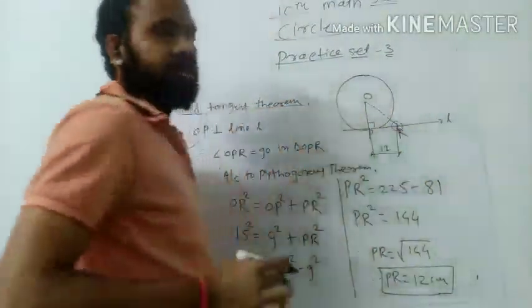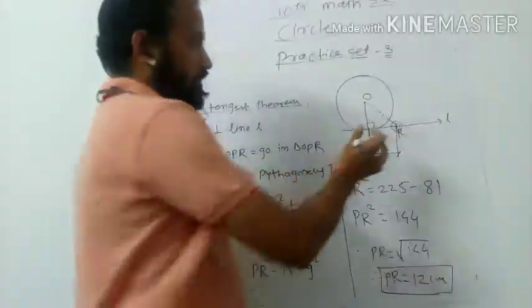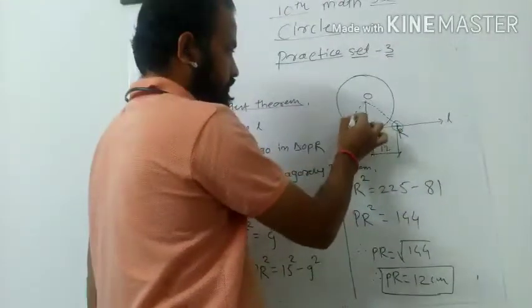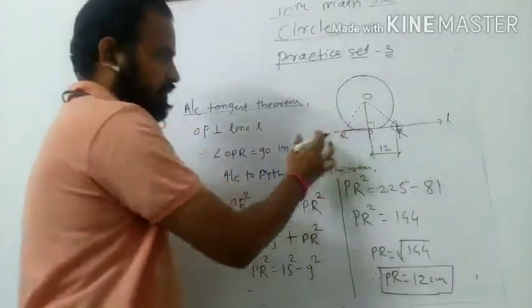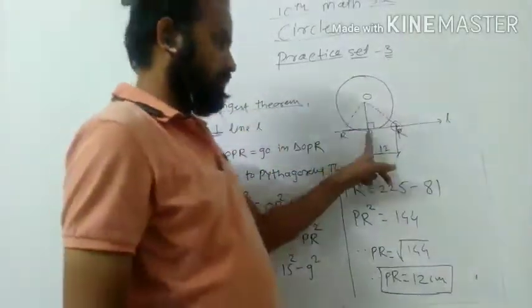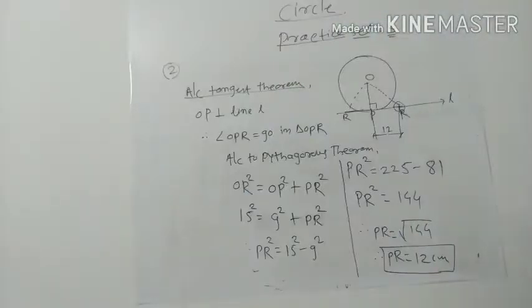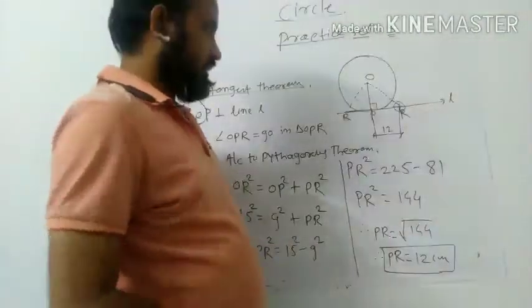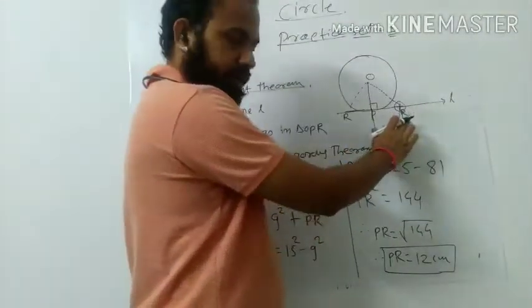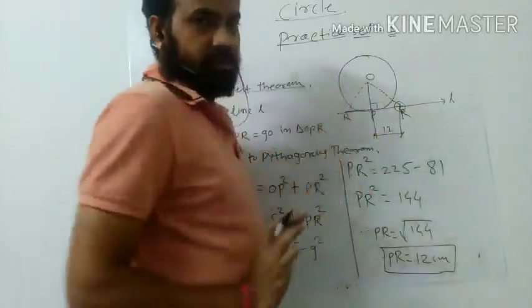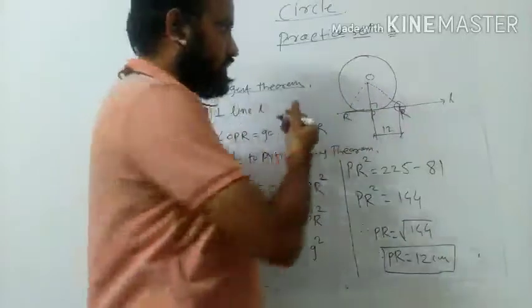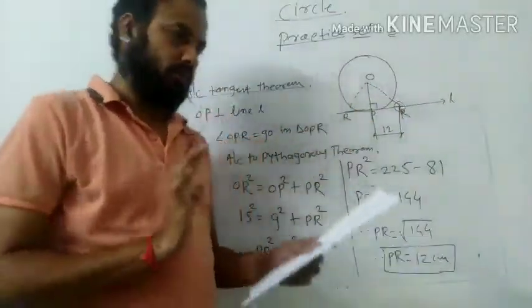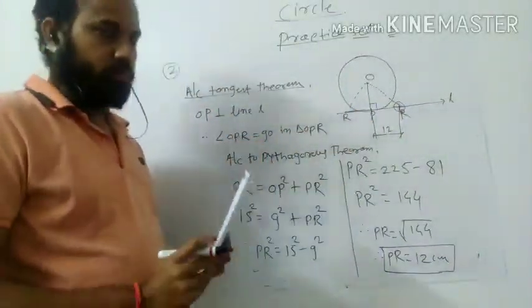Initially I assume that this point is at this location, or I can assume that point R lies on the opposite side, the left-hand side of point P. But the distance is the same, so simply I can say that the distance of point R from point P is 12 centimeter, and it will lie at 2 locations on this line L. This is the answer to your first question. I hope you understand it.